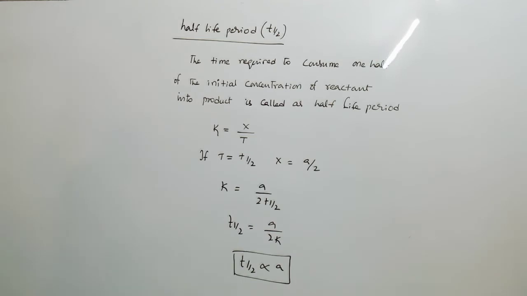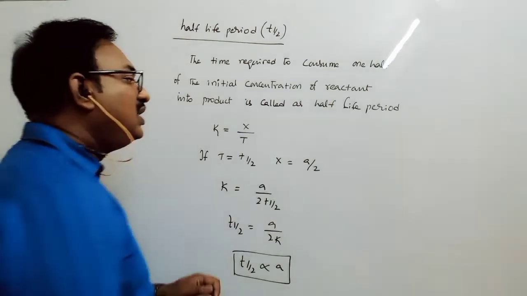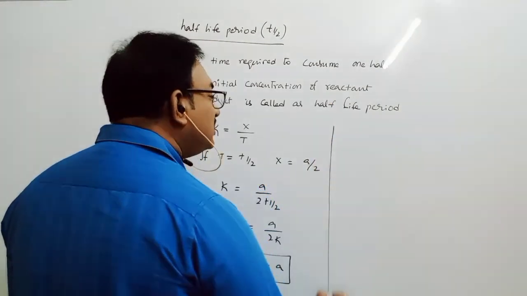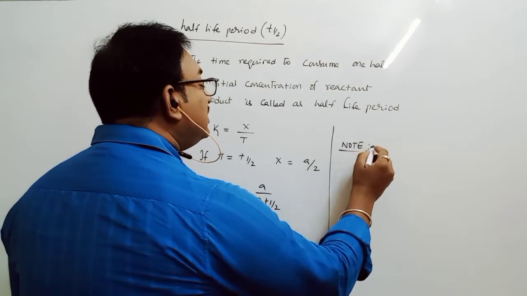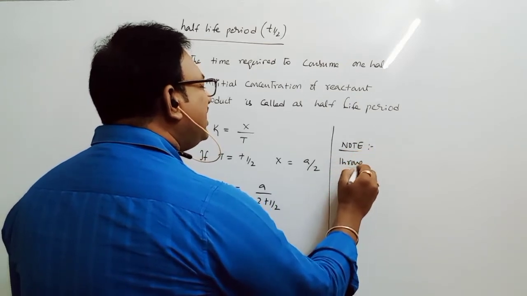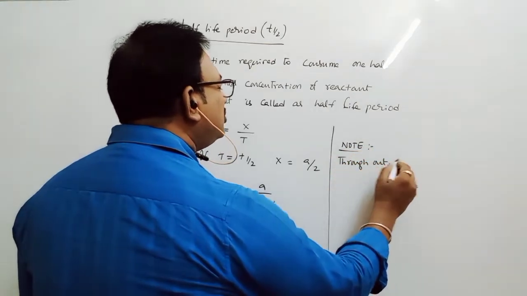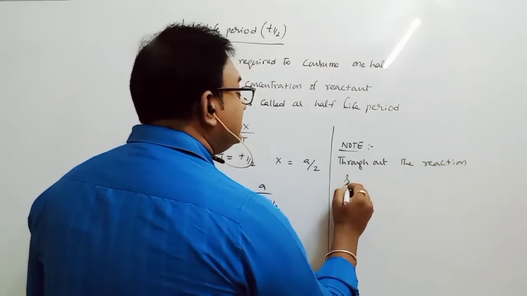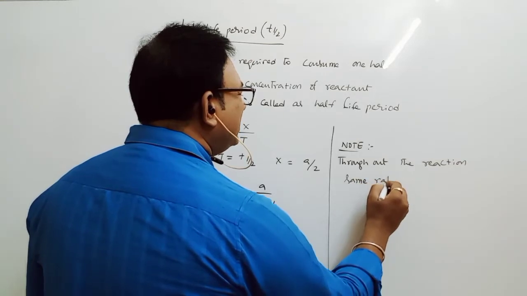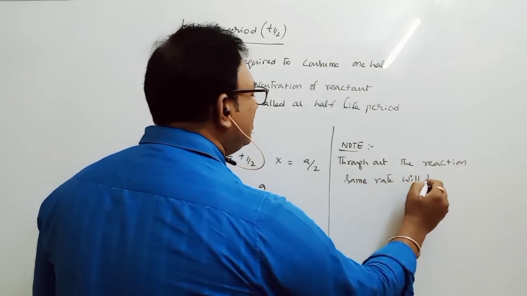So here you should understand one important aspect. What is it? So it's the first one, and put a note and please write. Throughout the reaction, same rate is maintained. Same rate will be maintained.